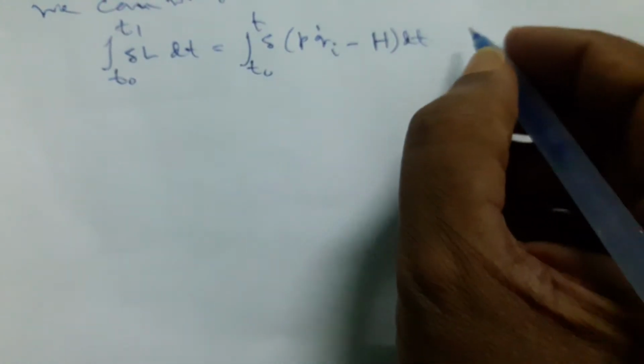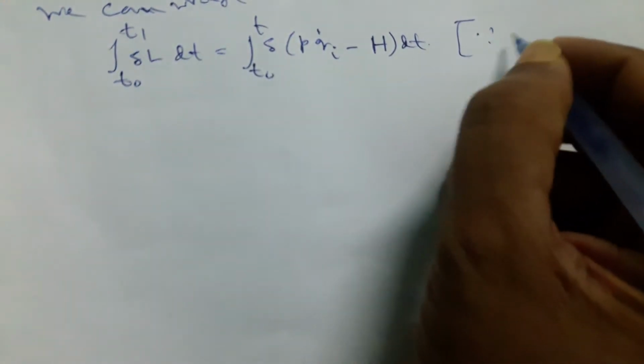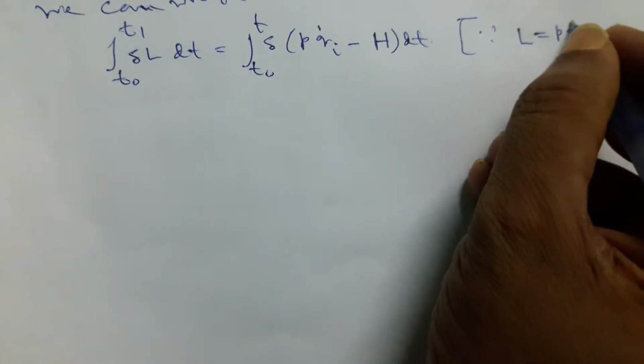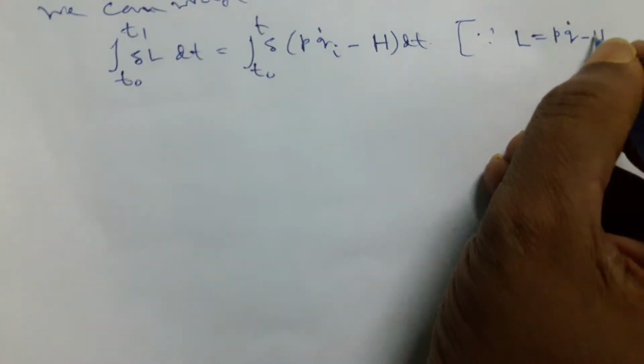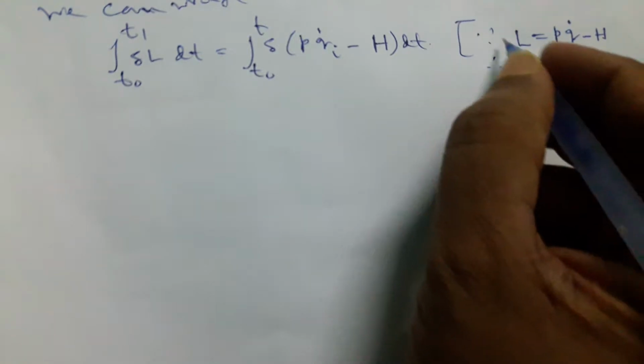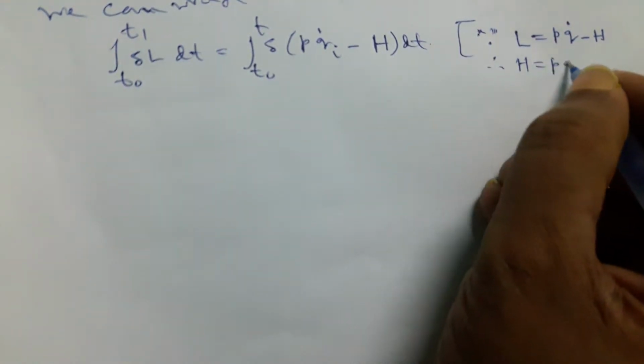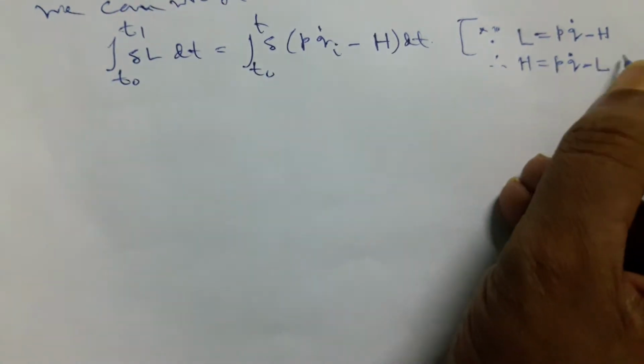Since L is equal to p qi dot minus H, therefore H equals p qi dot minus L.